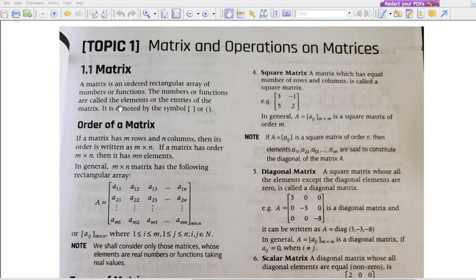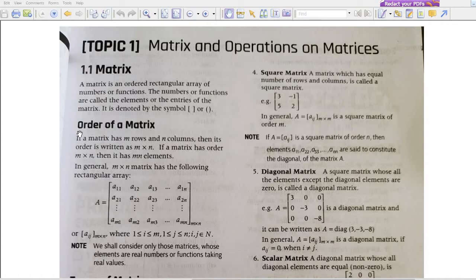The numbers or functions are called the elements or the entries of the matrix, and it is denoted by these symbols. That means every element of a matrix is called either an element, or it can also be called an entry.